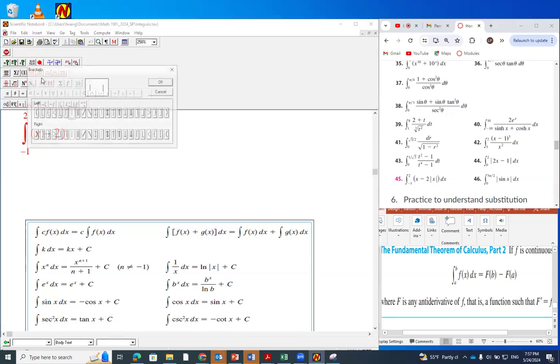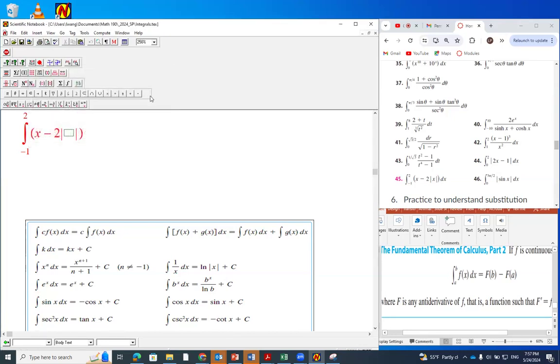What are we going to do about it? Absolute value function is a continuous function, and a continuous function has an antiderivative. So there's no doubt we do have solutions. It's just how we're going to handle it. And the interval is from -1 to +2.